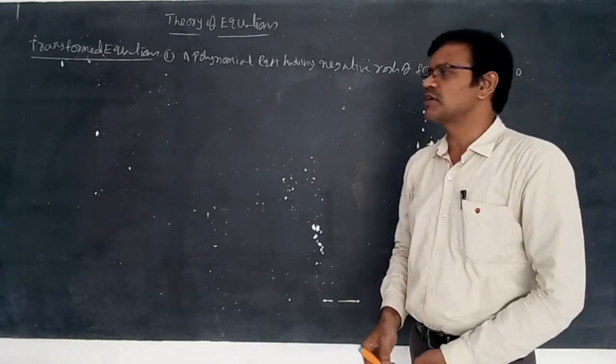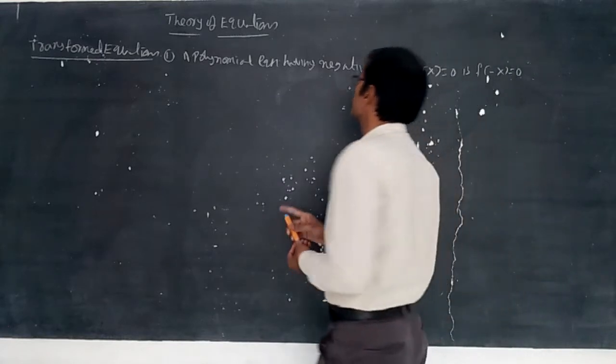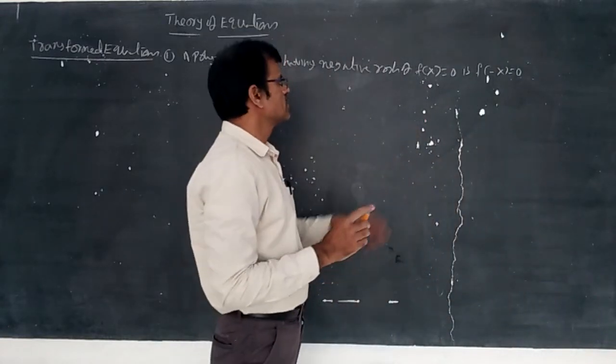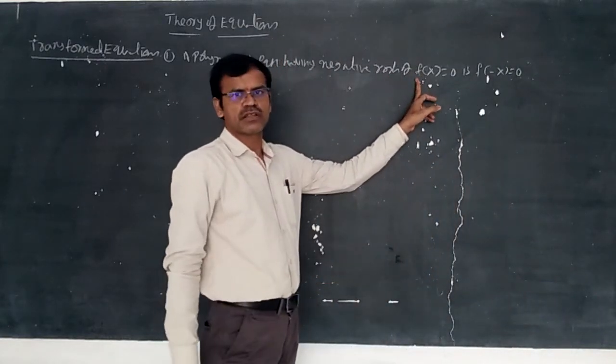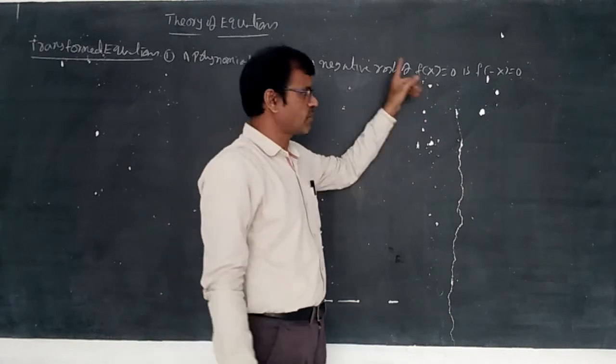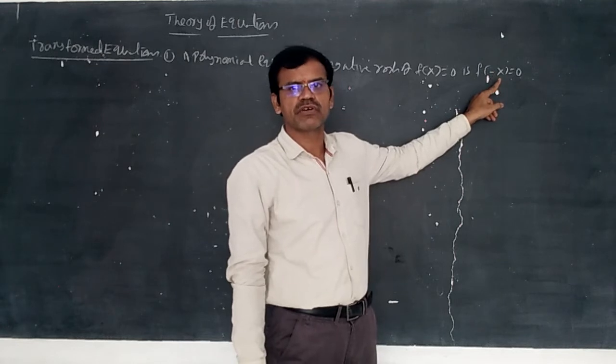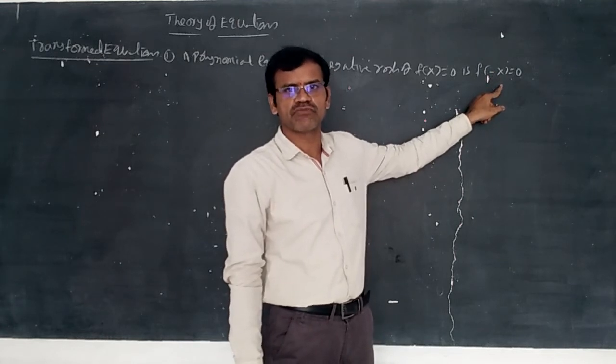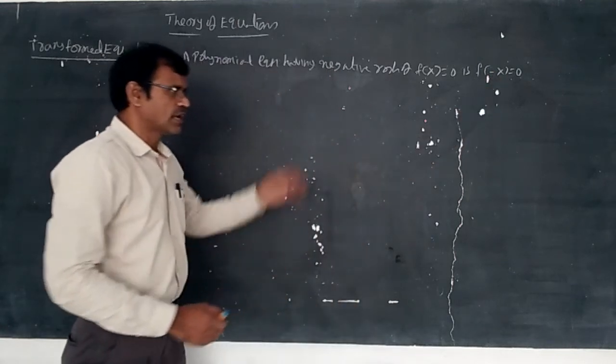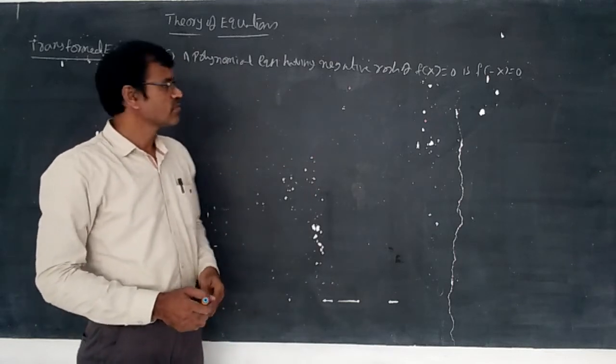Already in the objective I told everything. If alpha, beta are the roots of the original f of x equal to 0, then the polynomial equation having roots minus alpha, minus beta is f of minus x equal to 0. Like that, let us write the formulae.